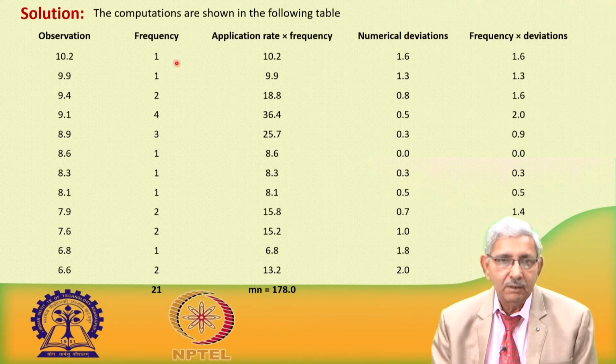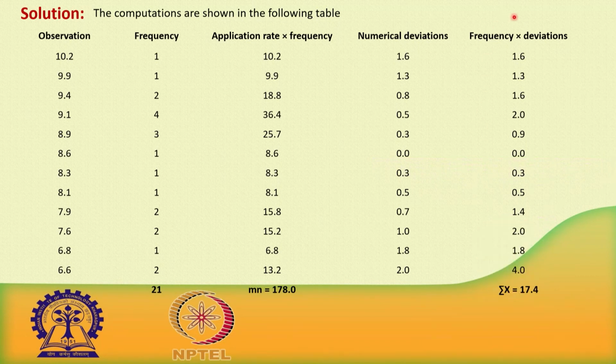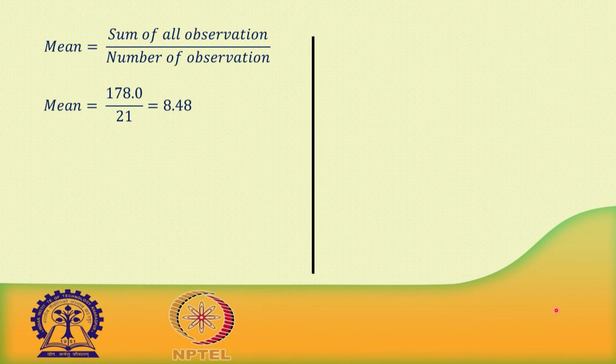Now the numerical deviation, taking the observations. The numerical deviation from the first observation, that is 1.6, we get the frequency into deviation. This comes as the summation of x, the deviation from the mean, which is 17.4.